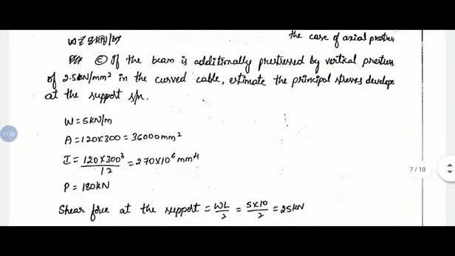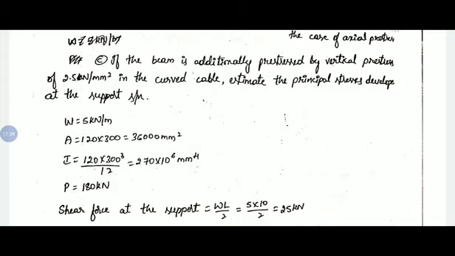So first, W is a live load given as 5 kN per meter, area 120 by 300, I is bd cubed by 12 since it is a rectangle section, P is 180 kN, where P is the effective pre-stressing force.